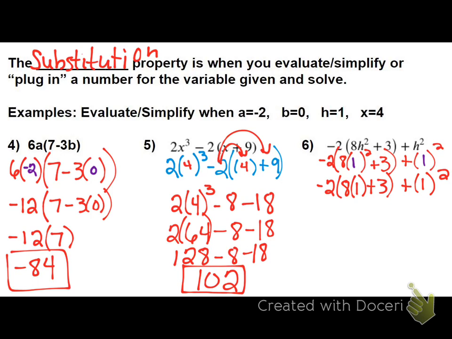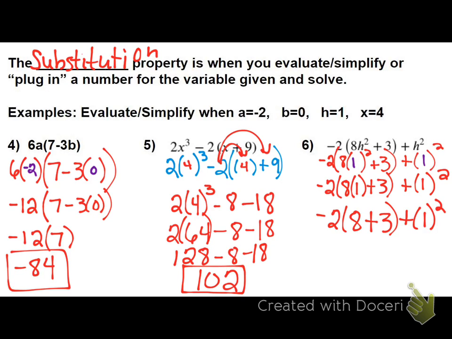Can I distribute that negative 2 times 8, negative 2 times 1, then negative 2 times positive 3? No, not yet. So what am I going to have to do next in the parentheses before I can distribute? 8 times 1. Okay, which equals? 8. Okay, now can I distribute?